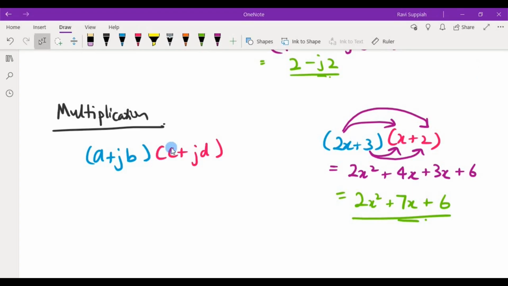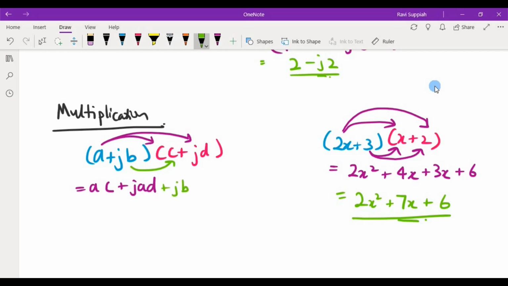We are now going to apply the same approach to complex numbers. So first will be a multiplied by c, I get ac. a multiplied by jd, I get jad. jb multiplied by c, I get jbc, plus jb multiplied by jd, I get j squared bd.